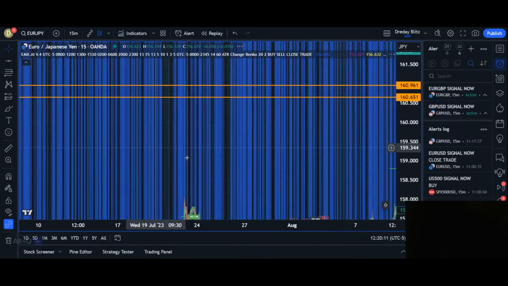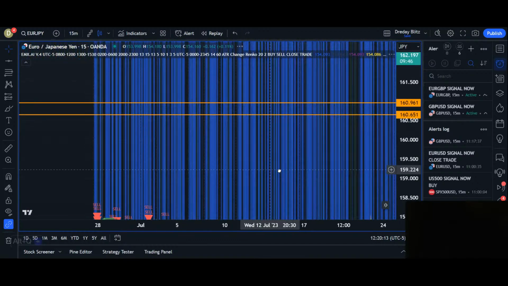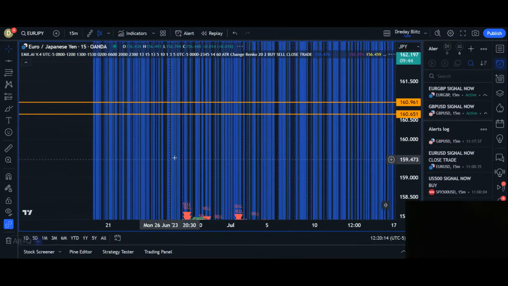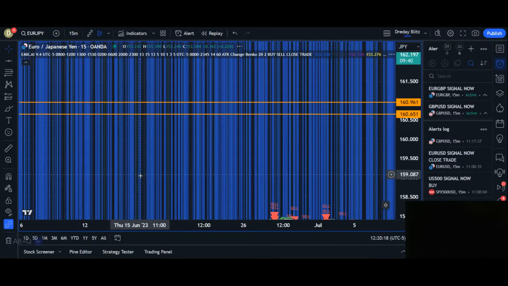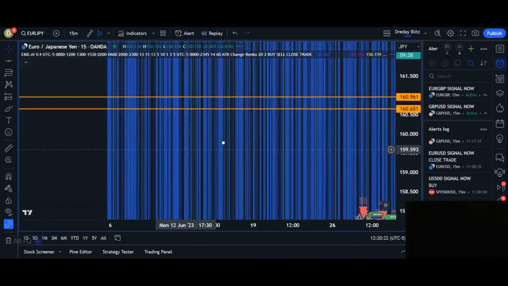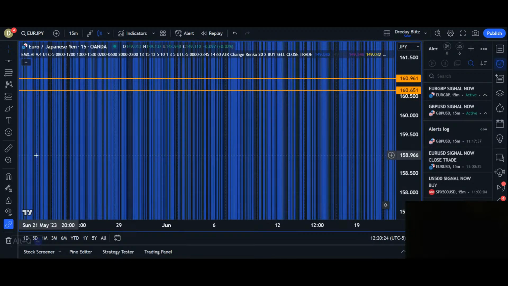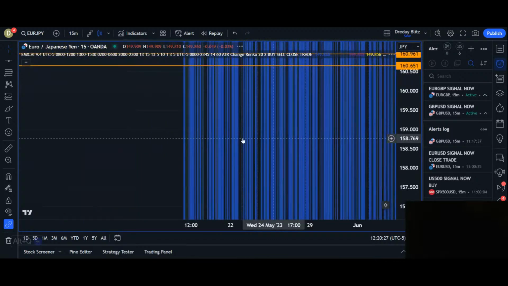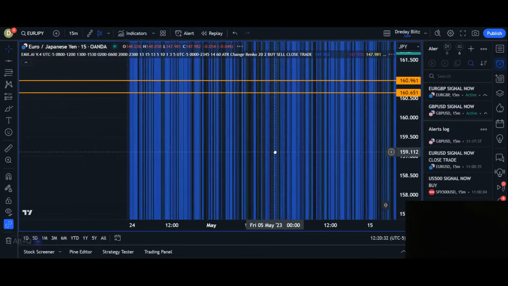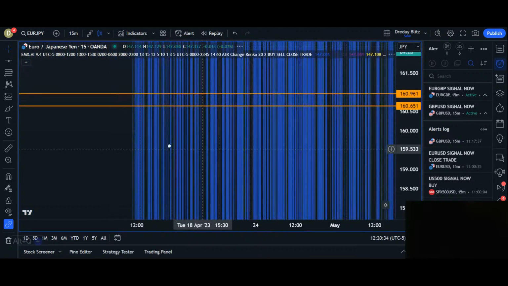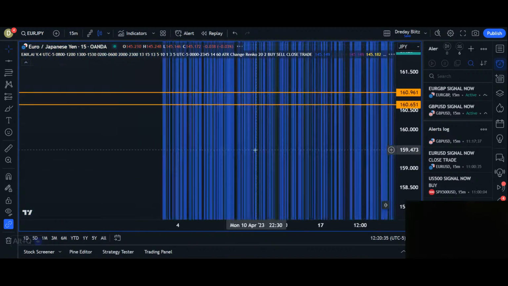As we did on US S&P 500, let's look to see if we have any zones. If not, that's okay. We're going to use the Renkos that were created. So now we're in April.